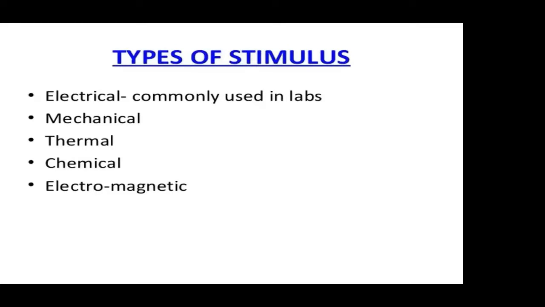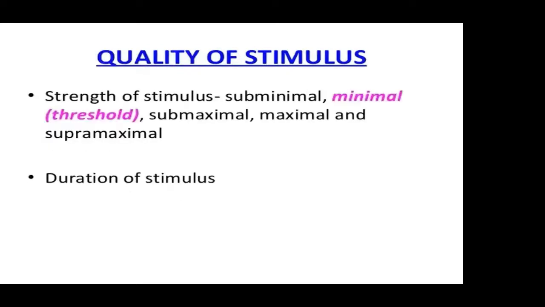Stimulus can be of different types: electrical, mechanical, chemical, thermal, electromagnetic. Now, types of stimulus or the strength of stimulus can be different. One is subminimal, minimal or threshold stimulus, submaximal, maximal, and supramaximal stimulus.